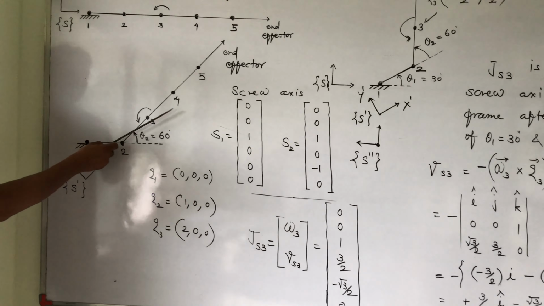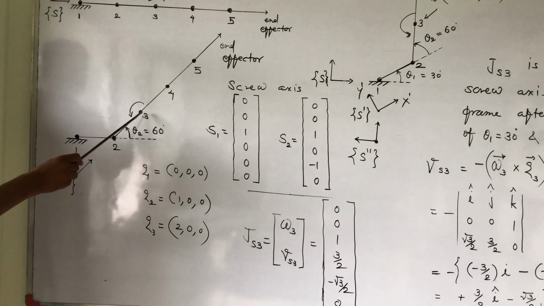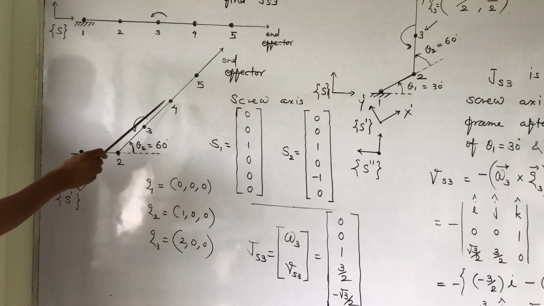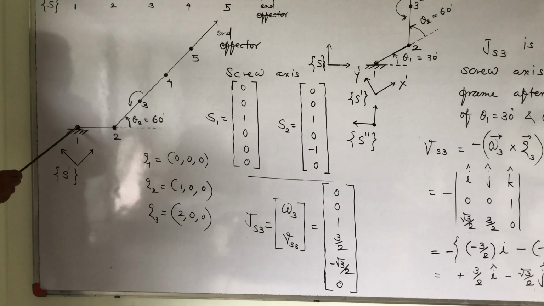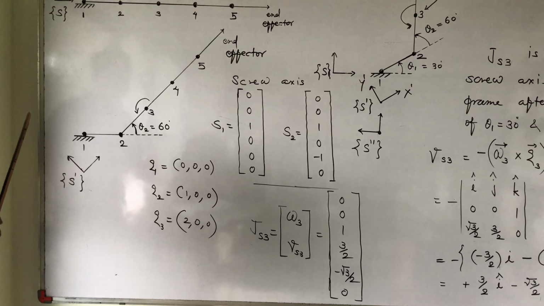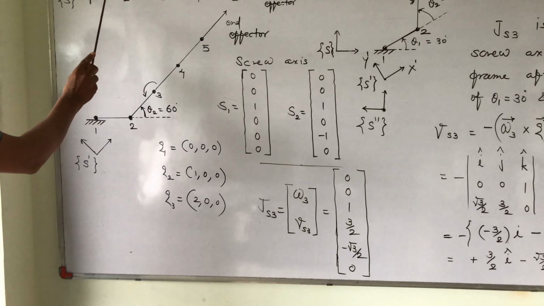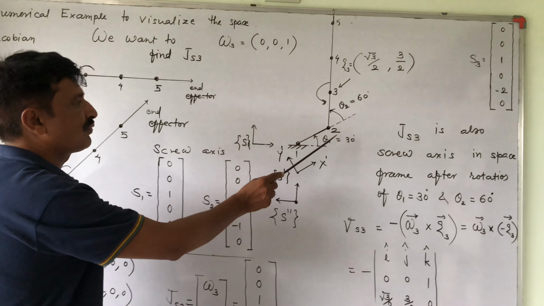So first we have applied theta 2 as 60 degrees. Now fixing this, there is no movement of these joints, and we are rotating this joint by theta 1, and we have taken theta 1 as 30 degrees. So this is the first figure, this is the second figure, and this is the third figure.